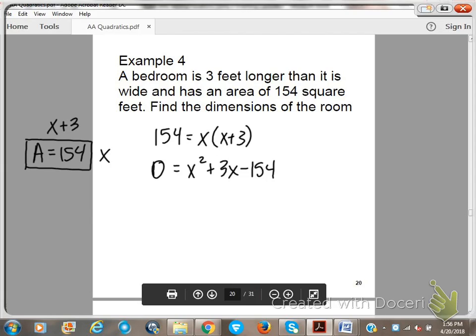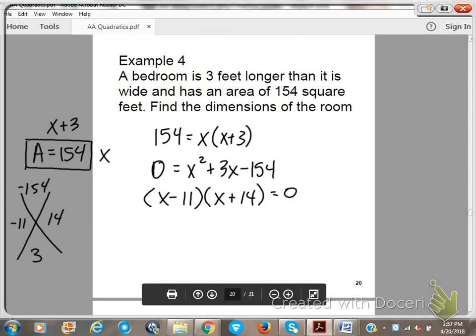And we are on example 4. So possible numbers to multiply to be negative 154 and add to be 3: positive 14, negative 11. Handy. So x minus 11 times x plus 14. So we have to choose between positive 11 or negative 14.